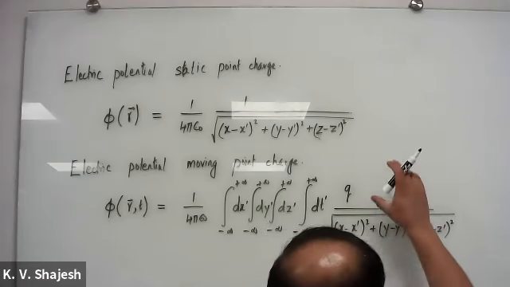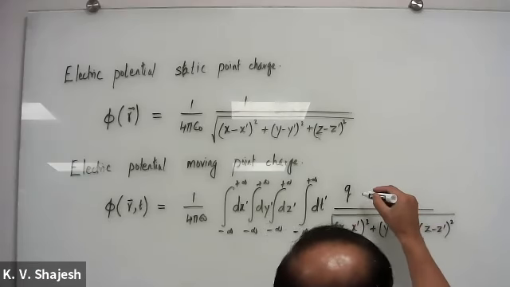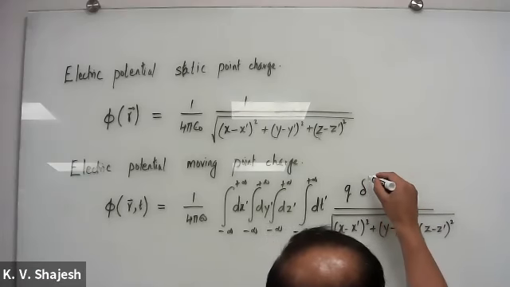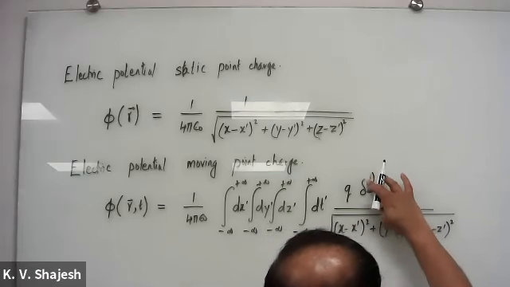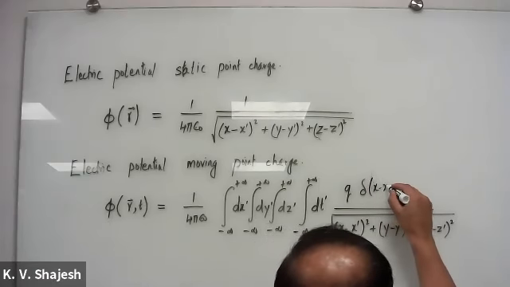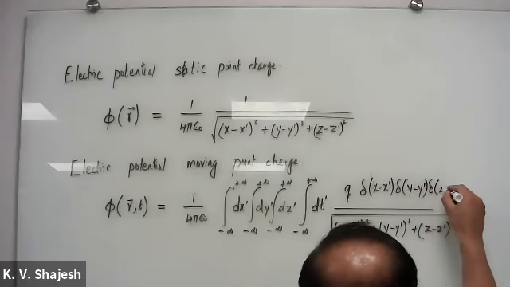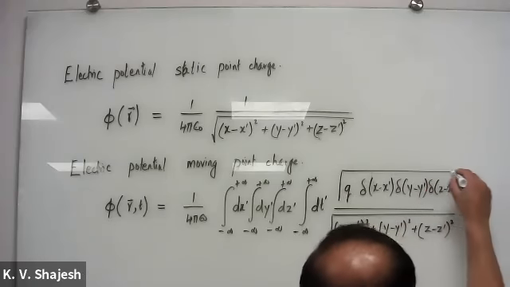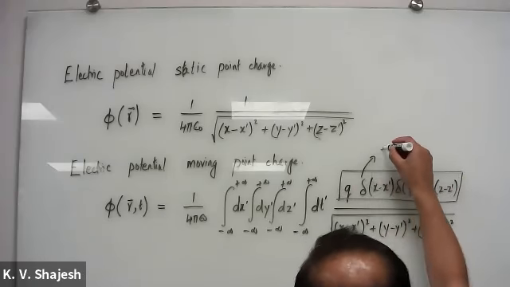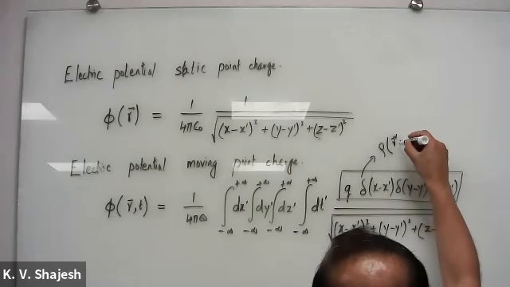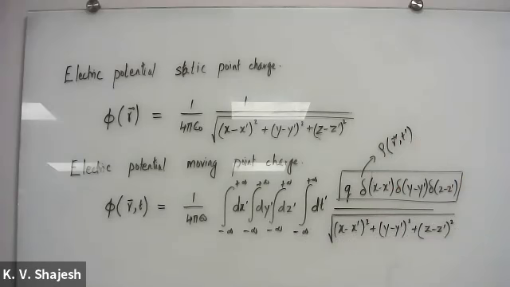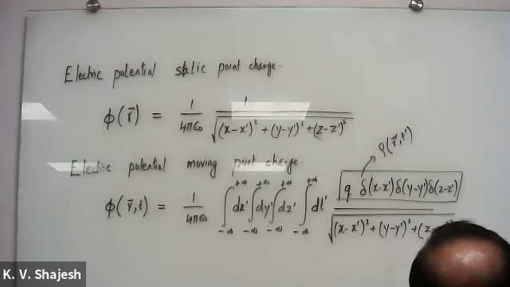And now we have a new delta function. First of all, we have this q delta cubed, or explicitly, delta of x minus x prime, delta of y minus y prime, delta of z minus z prime. That's the charge distribution, so let me put that in a box. So this is the charge density rho of r prime, t prime. And we also have a delta function here, t minus t prime.